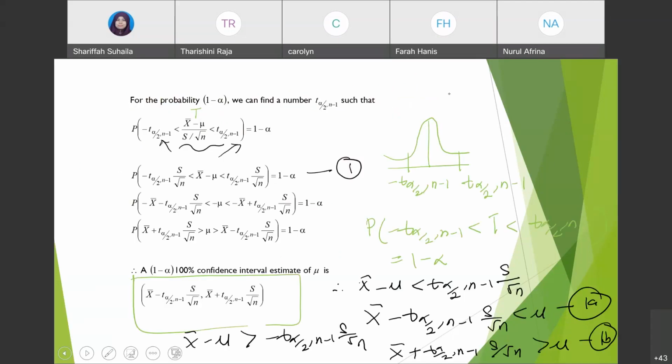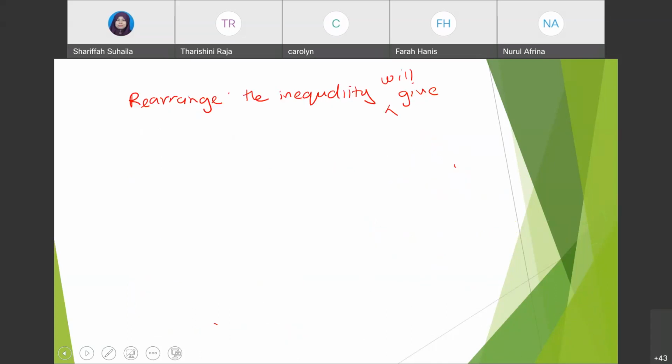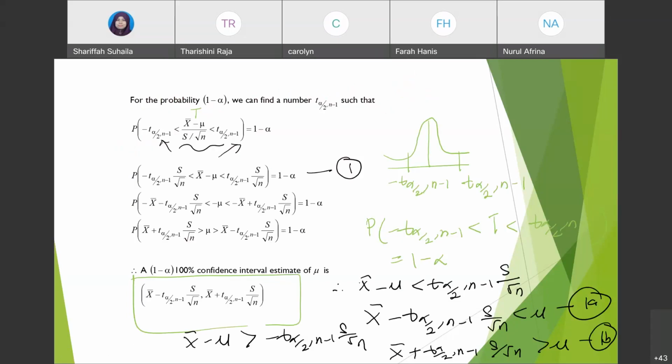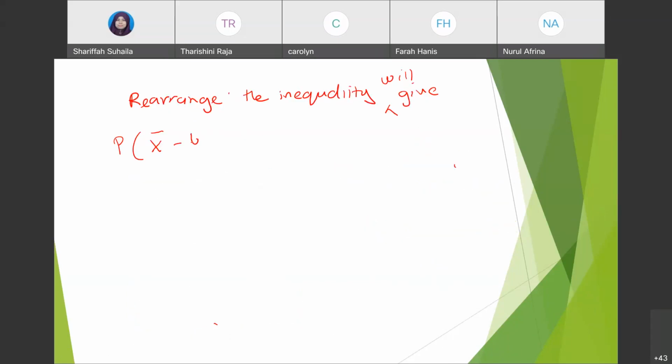So we rearrange this one back. Probability, X bar minus, S over square root of N equals 1 minus alpha.